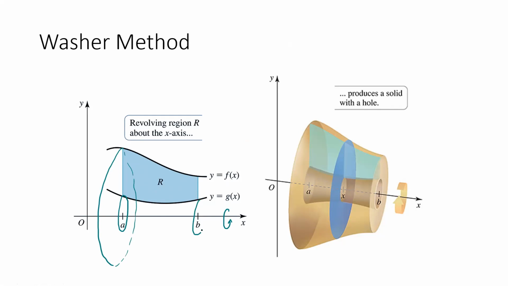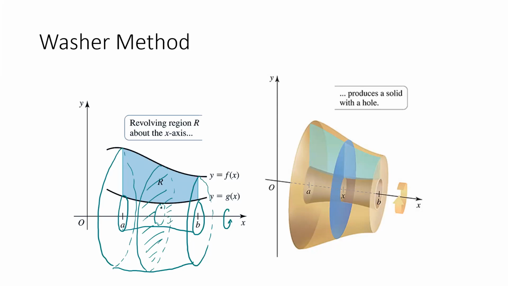So you notice that the cross sections will not be perfect circles. They'll actually be washers, right? So there'll be circles with holes in the middle. Okay. So the washer method is just a variation of the disk method with a hole in the middle. Okay.